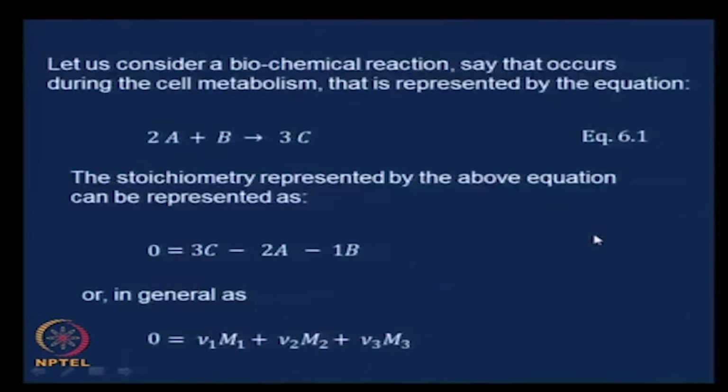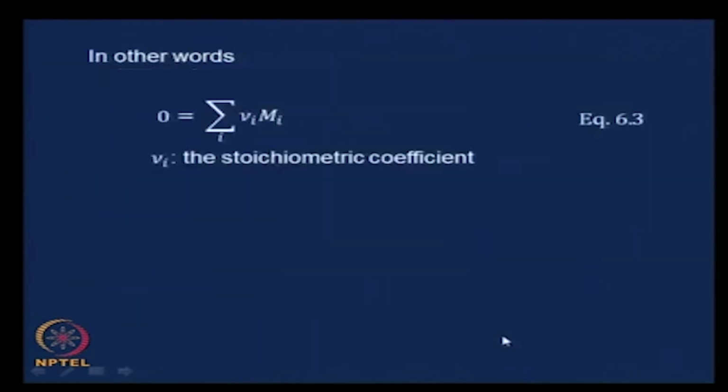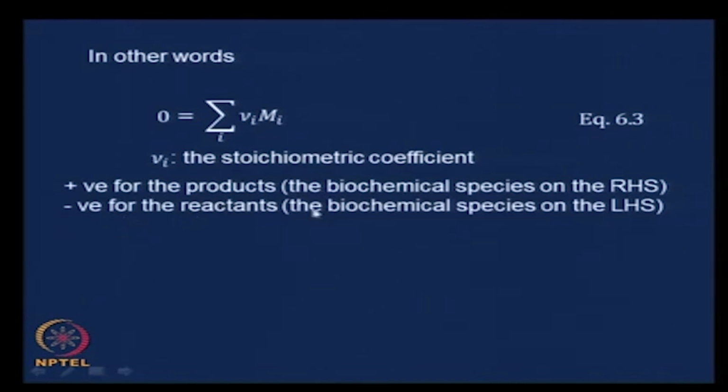The coefficients on the right hand side we take as positive, and those on the left hand side, for the reactants, we take as negative. That works well here: 3C was positive, minus 2A for the reactant negative, minus 1B for the reactant negative, and therefore negative for the reactants which are the biochemical species on the left hand side.